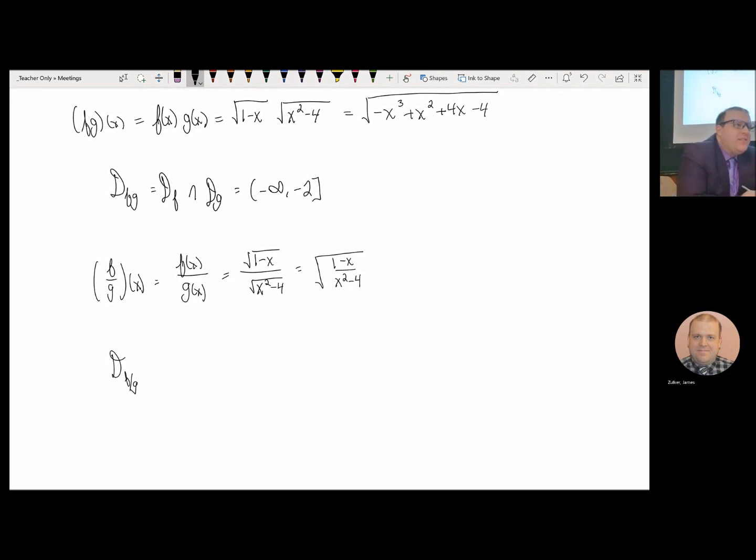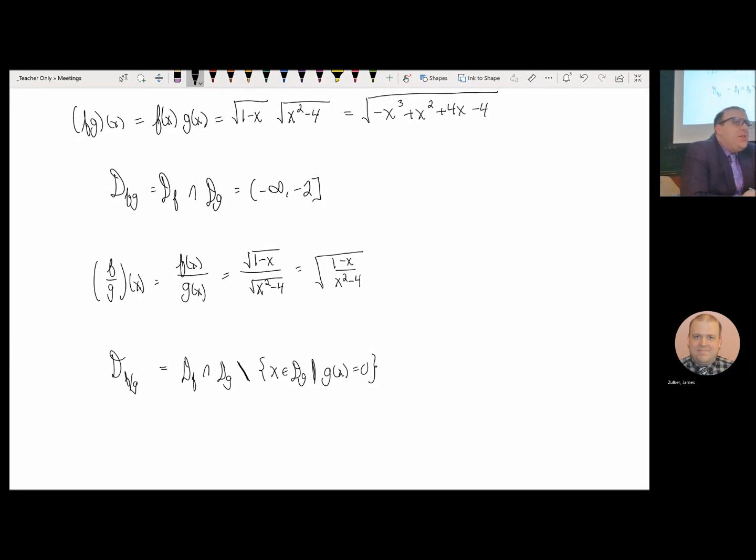Domain. The intersection of the domains minus all values in the domain of G that make G of x 0. Right, so we already have the intersection.